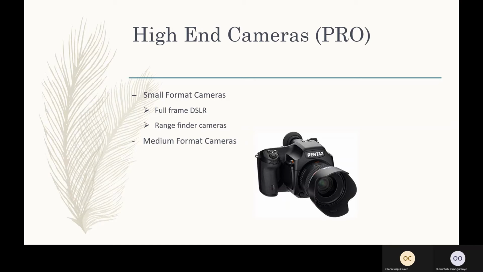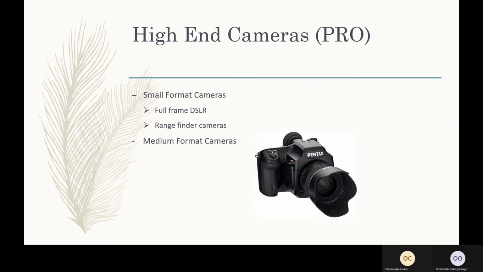Now let's talk about the high-end camera. We have talked about the small format camera. Remember, earlier I said we have amateur, enthusiast and professional cameras, and the enthusiast and professional cameras are divided into two: the full frame and the crop sensor.